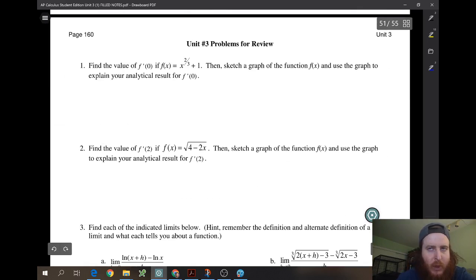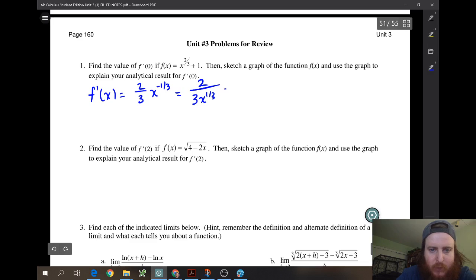So, anyways, jumping into this, the first question gives us f of x equals x to the 2/3, and it says find f prime of 0, and then sketch a graph of the function, and use that to explain your analytical result. So, f prime of x is equal to 2/3 x to the negative 1/3, which is 2 over 3x to the 1/3.